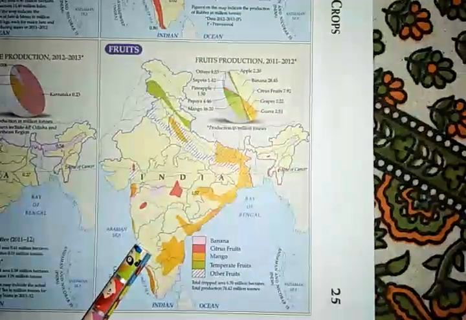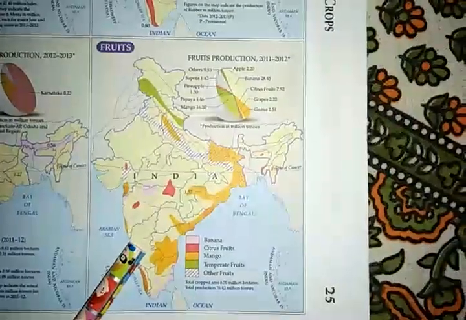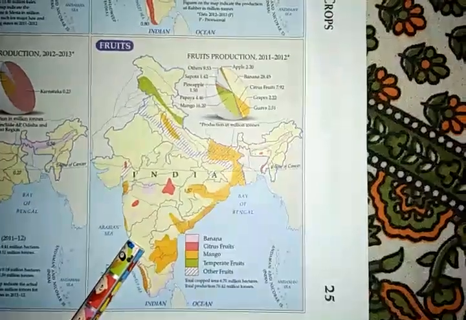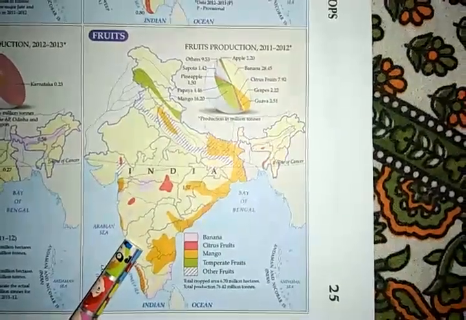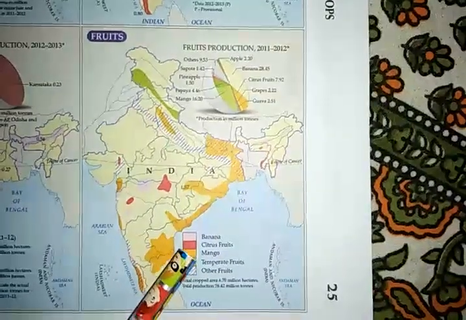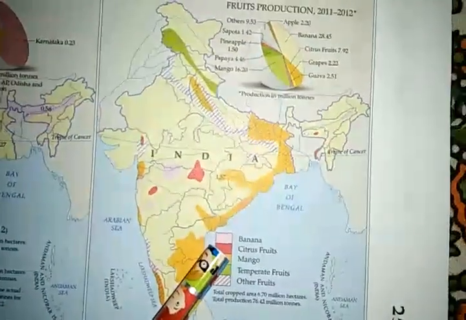Colors are also used in thematic maps to give various kinds of information. See, this is a thematic map of India showing different fruits being cultivated in different parts of India using different colors. See, the first one showing banana.